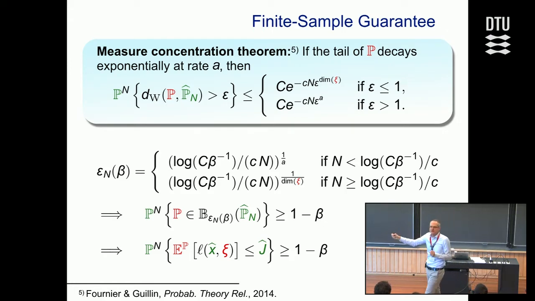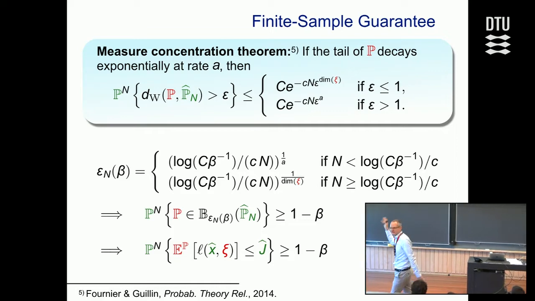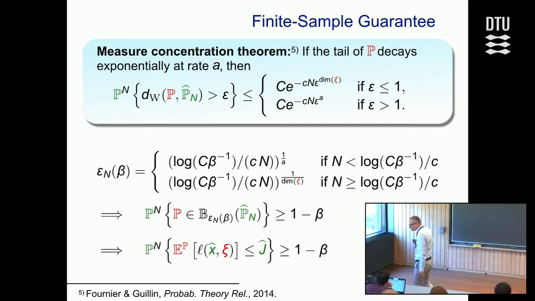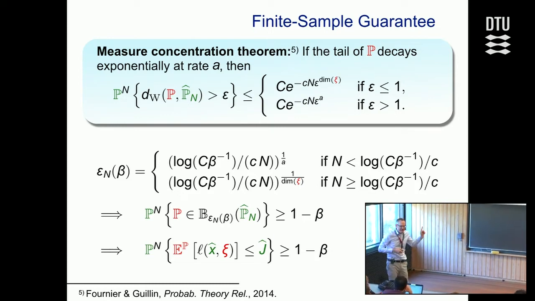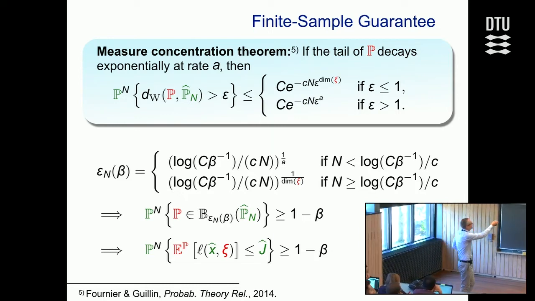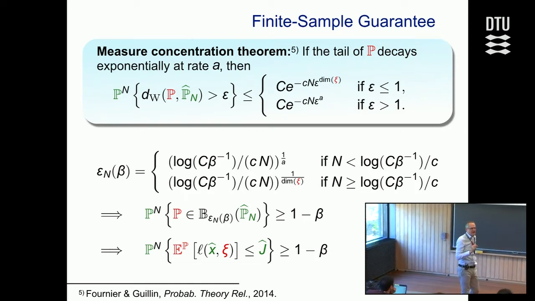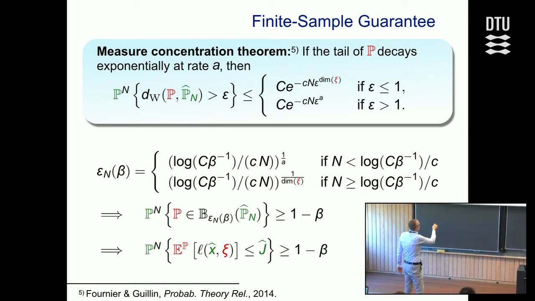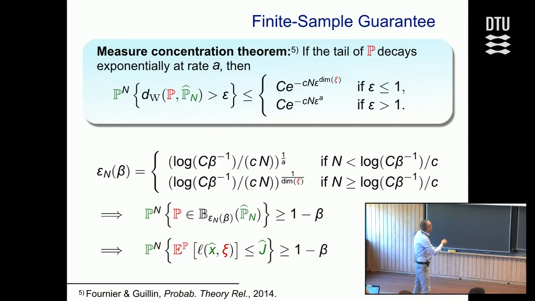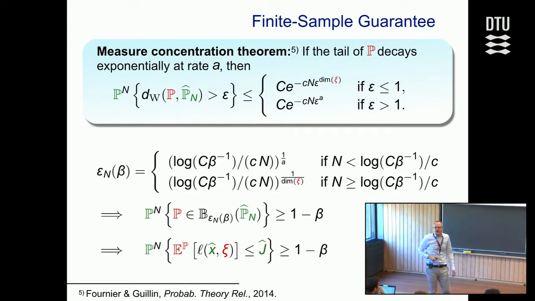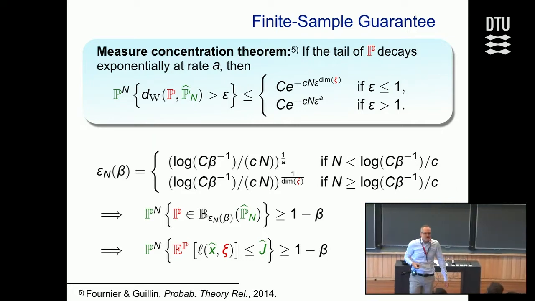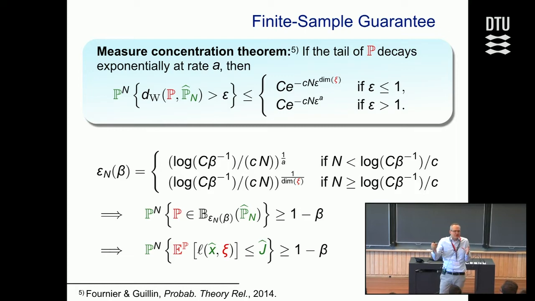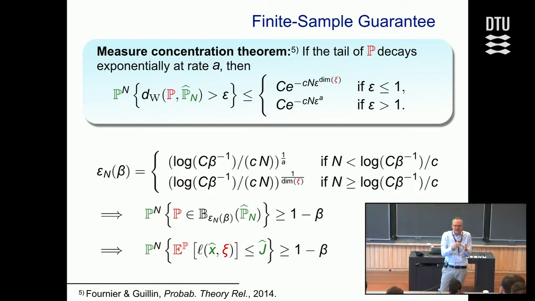We want this probability to be small, okay? So what these people, Fournier and Guillin, prove is that this probability, which is taken with respect to the n training samples, right, this probability decays exponentially fast in the number of training samples n, and also in the radius epsilon of the Wasserstein ball. Okay? So if you want to make sure that the true distribution is inside your ball with high probability, there are 2 things you could do.